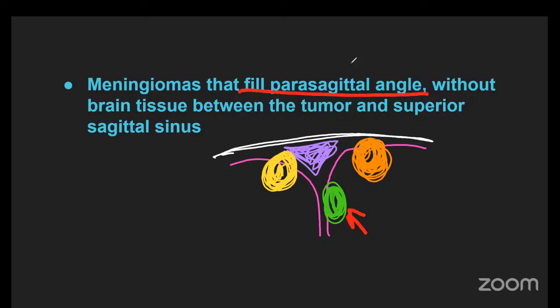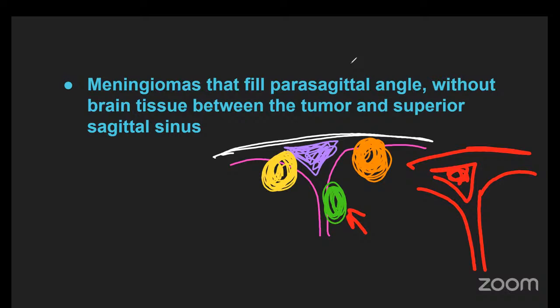Let me clear this up. So this is the hemisphere, this is the sinus, and this here is the bone. It looks more like a uterus, but ignore the drawing. The parasagittal angle is this area, the green portion between these two red lines.